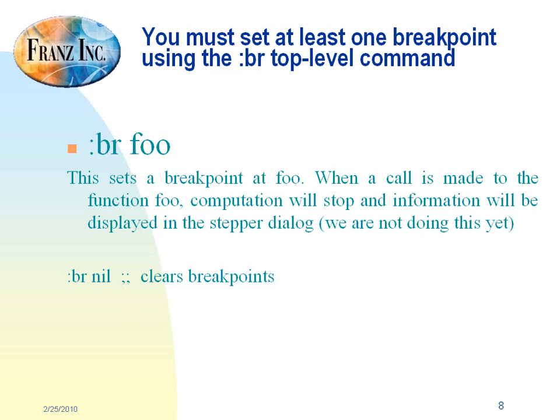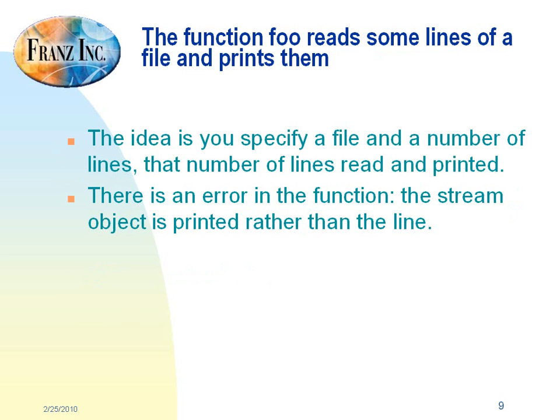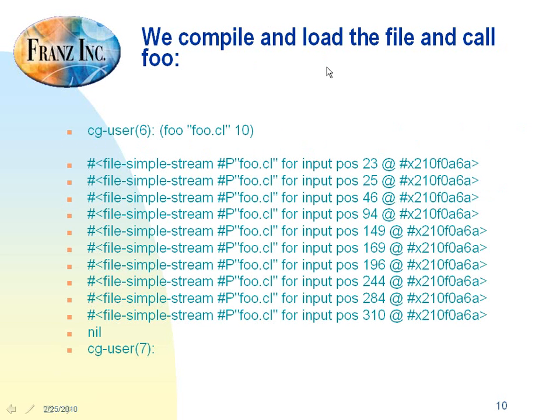And I thought, well, I'm going to have to put an error somewhere, but the error I actually put in was an unintentional error, I just typed the wrong thing, but it serves perfectly well for our purposes. So we compile and load the function and call foo with appropriate arguments. Actually, we're calling it on the source file itself, foo.cl, and we're saying print 10 lines.